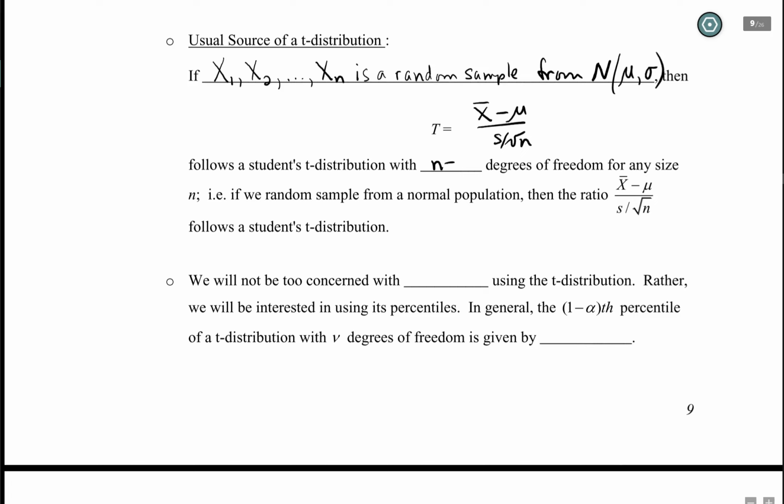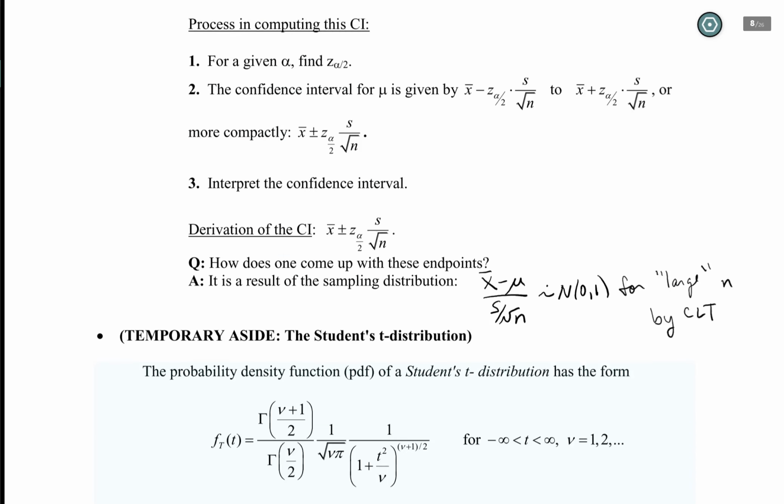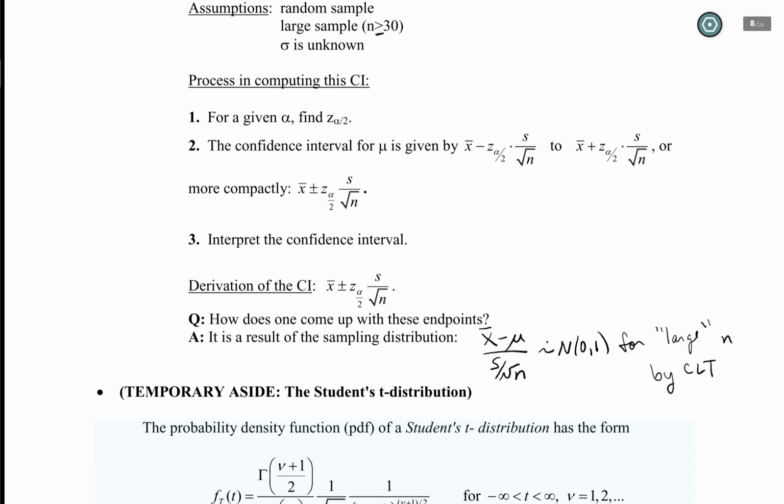So this result does not have a large sample size requirement. If we go back to the situation where we saw that this quantity followed an approximate standard normal distribution for large n, the CLT drove that result.